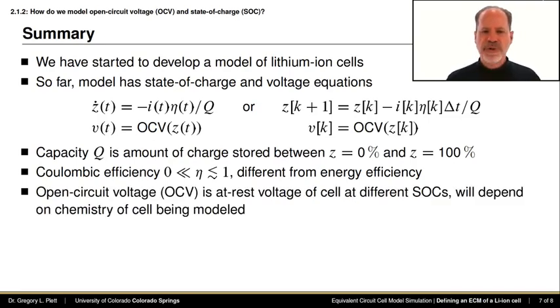You've learned that the open circuit voltage is the at-rest or equilibrium voltage of a battery cell, and that you will have different open circuit voltage values at different states of charge, and furthermore that the exact value that you get will depend on the chemistries used in the negative and positive electrodes of the battery cell that you are working with. And that brings us to the end of this lesson.